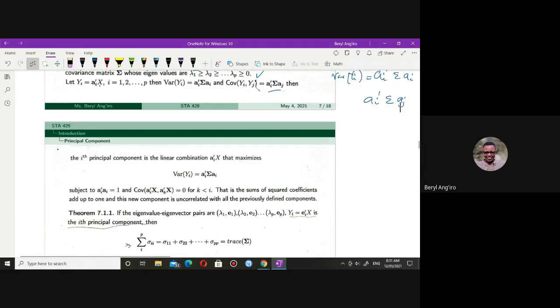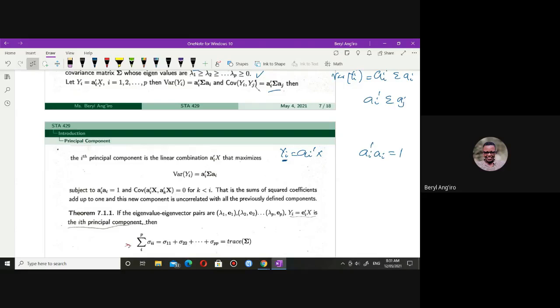Then the ith principal component is a linear combination ai transpose x, which is now our yi. So this is the ith principal component, which maximizes the variance of yi. And this again is subject to ai transpose times ai equals 1.